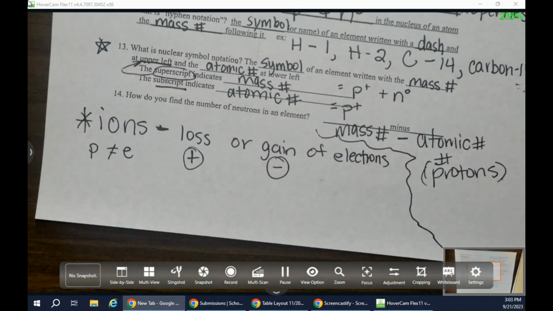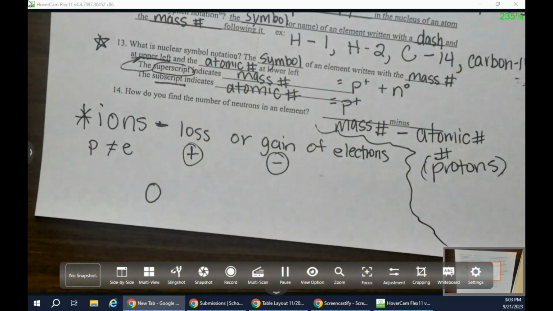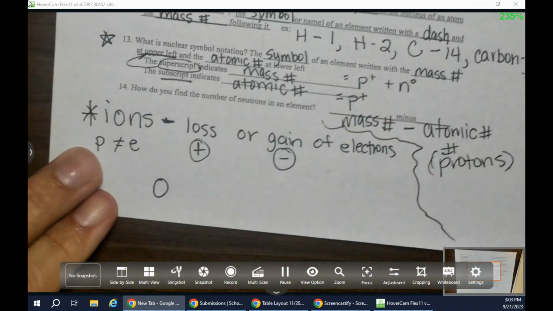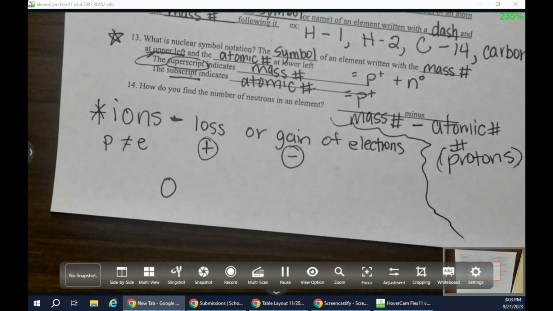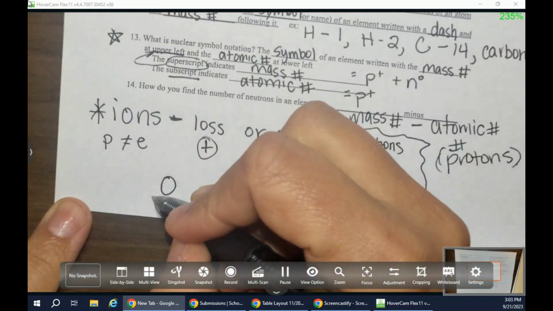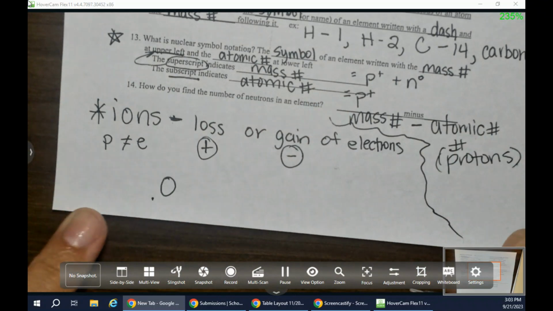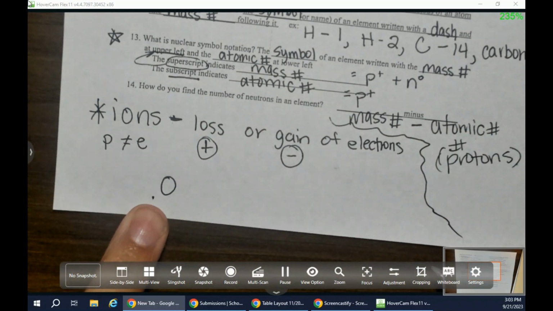So for example, let's do oxygen. You all have a periodic table in front of you. Let's write O for oxygen. What number am I going to put on the bottom left? What number goes right here? Bottom left for oxygen.